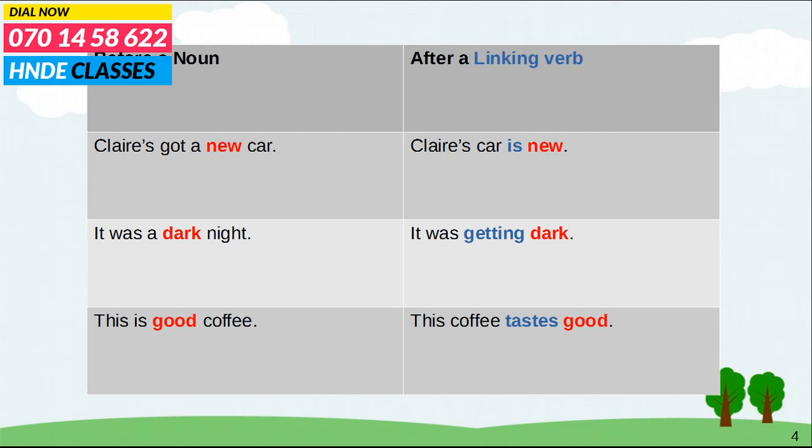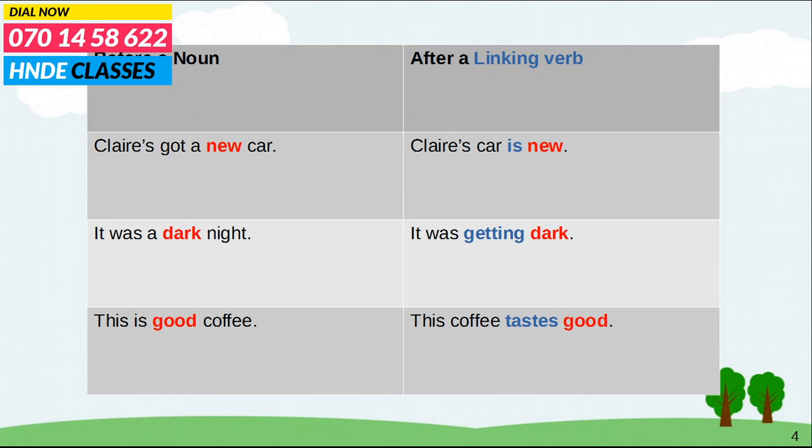It was a dark night. This is good coffee. In all these sentences, the words highlighted in red, new, dark, good, are called adjectives because they come before the nouns car, night, coffee and describe them.